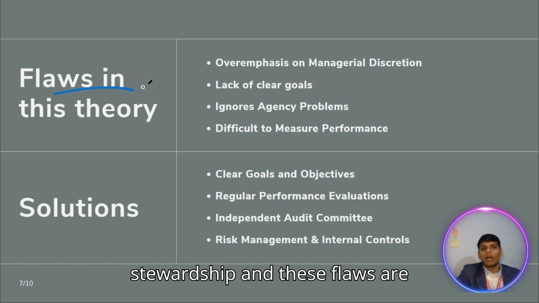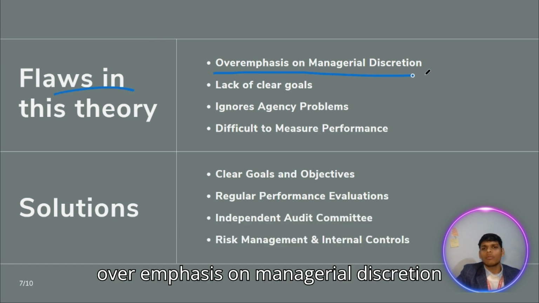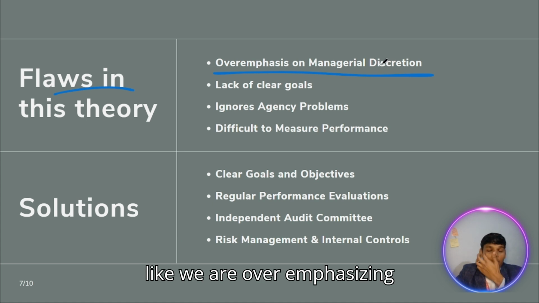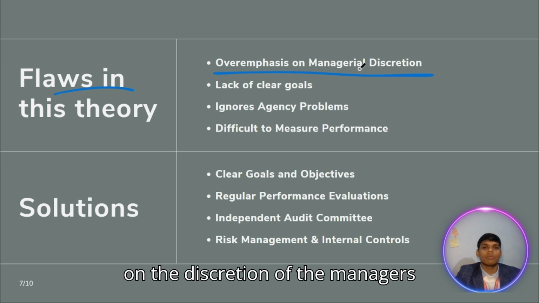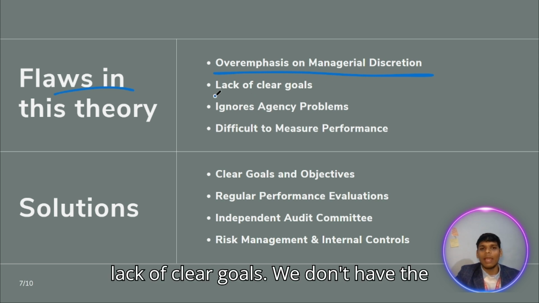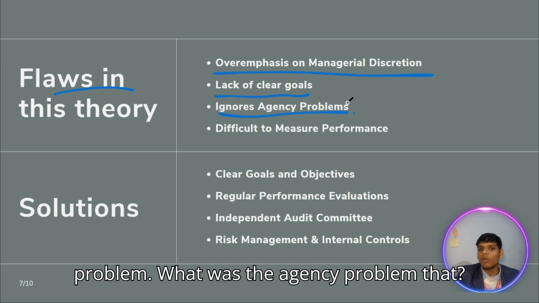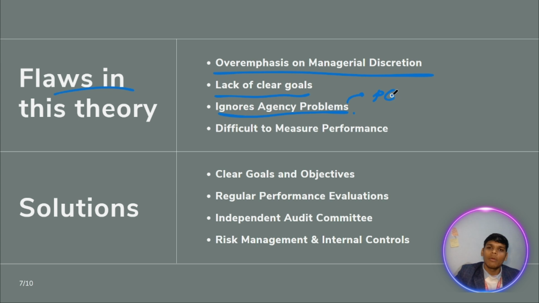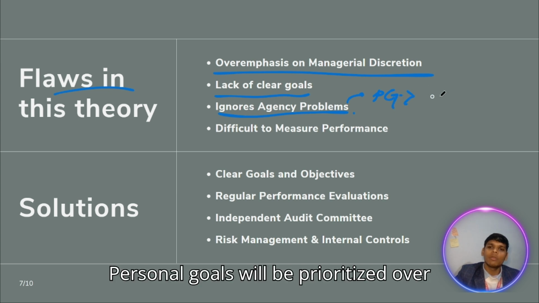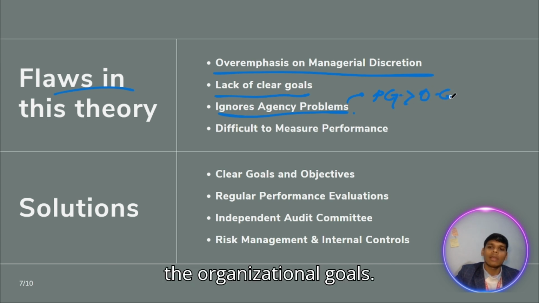These flaws are overemphasis on managerial discretion, like we are overemphasizing the discretion of the managers, lack of clear goals, and ignoring the agency problem. What was the agency problem? That personal goals will be prioritized over the organizational goals.